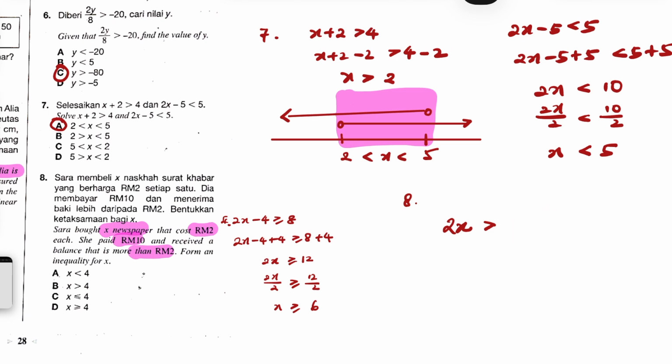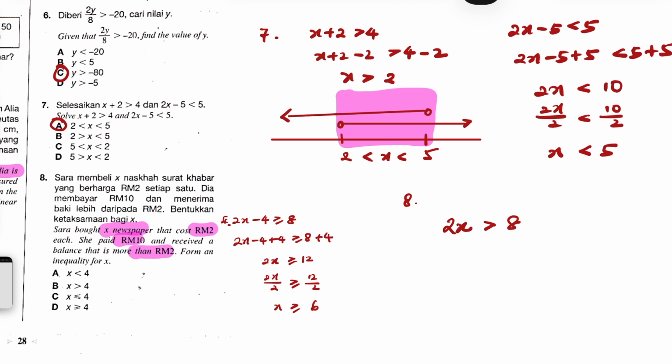Therefore, 10 minus 2 is 8, right? So 2x is greater than 8, and receive a balance that is more than 2 ringgit. Receiving a balance more than 2 ringgit means less than 8 ringgit.